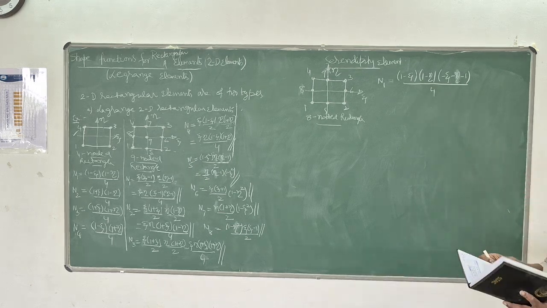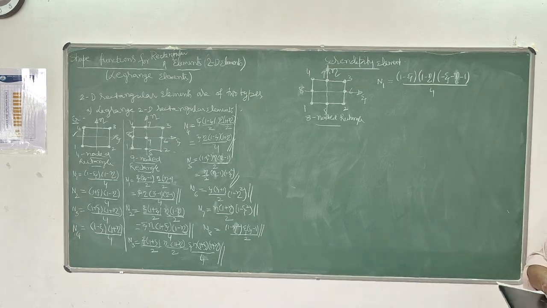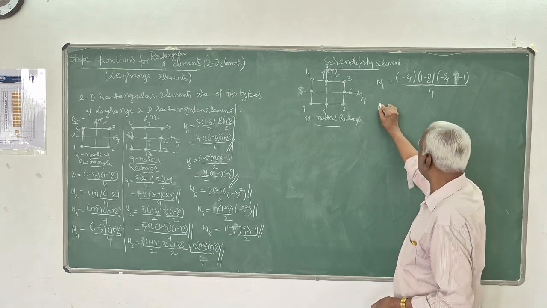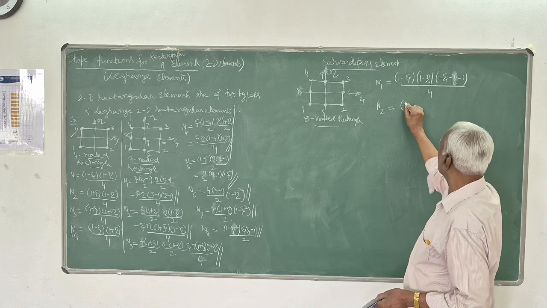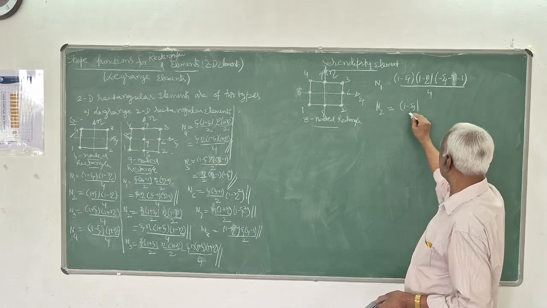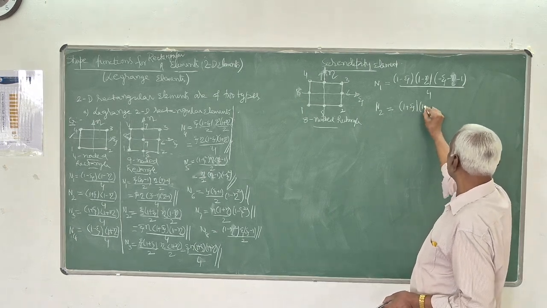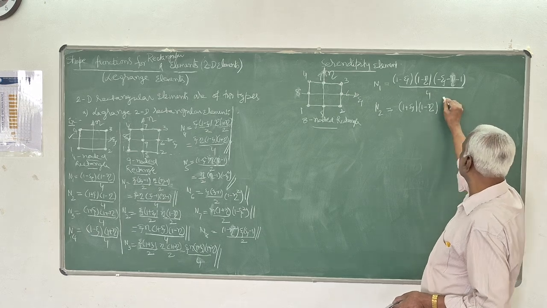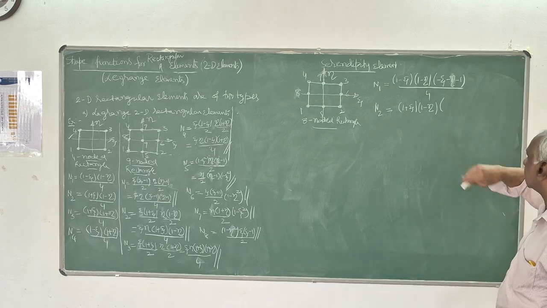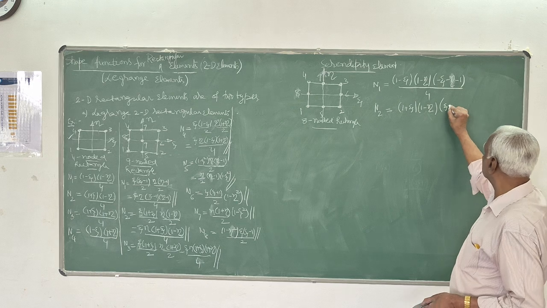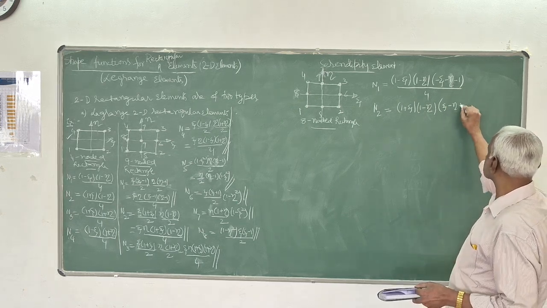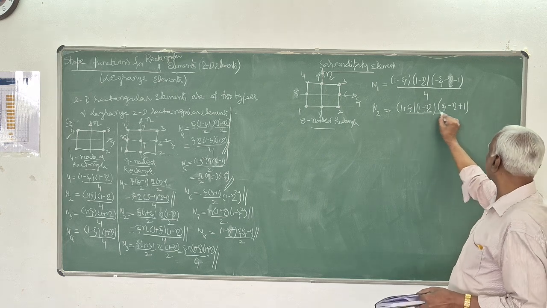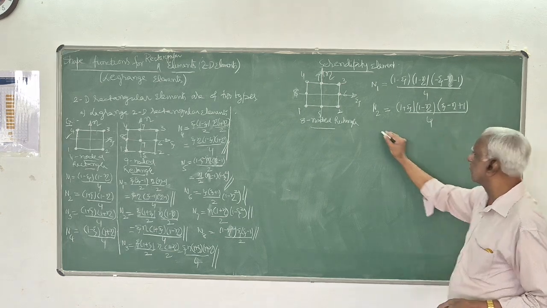Like that you can write for all other nodes. N2 is equal to (1 plus psi)(1 minus beta) into (psi minus beta minus 1) divided by 4.